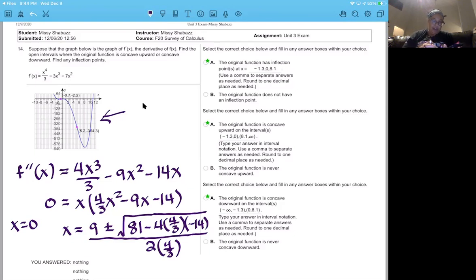So let's start by adding that to 9. Notice the bottom is 8/3. So if I multiply by the reciprocal, that would be multiplying by 3 and dividing by 8. Whoops, I made a mistake somewhere. Let's try that one more time.